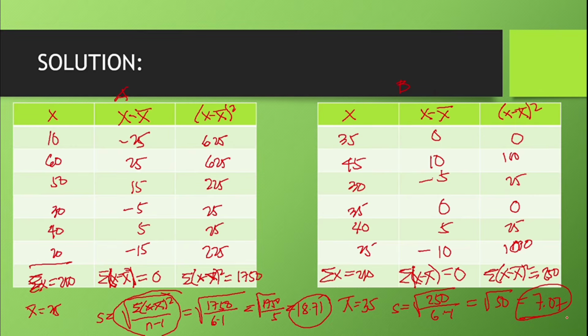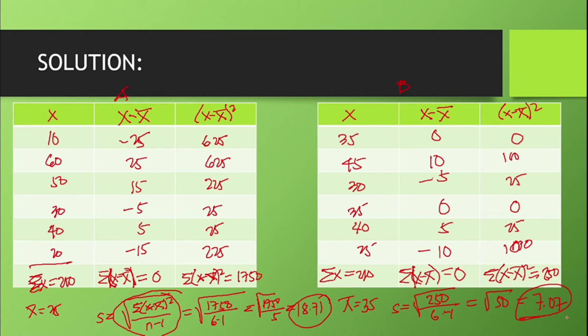So we could say that the standard deviation for B is less than A, so it means that B performs consistently and is less variable compared to A. Meaning to say A is more variable or more dispersed compared to B.